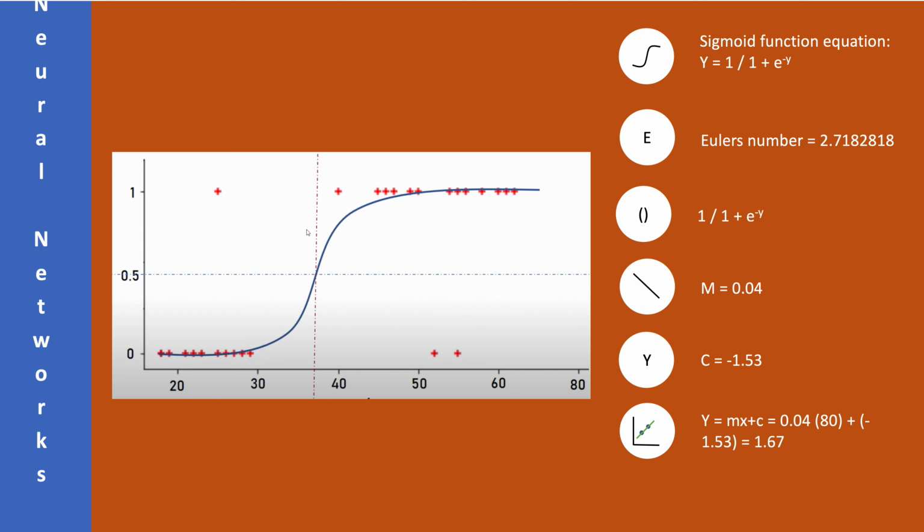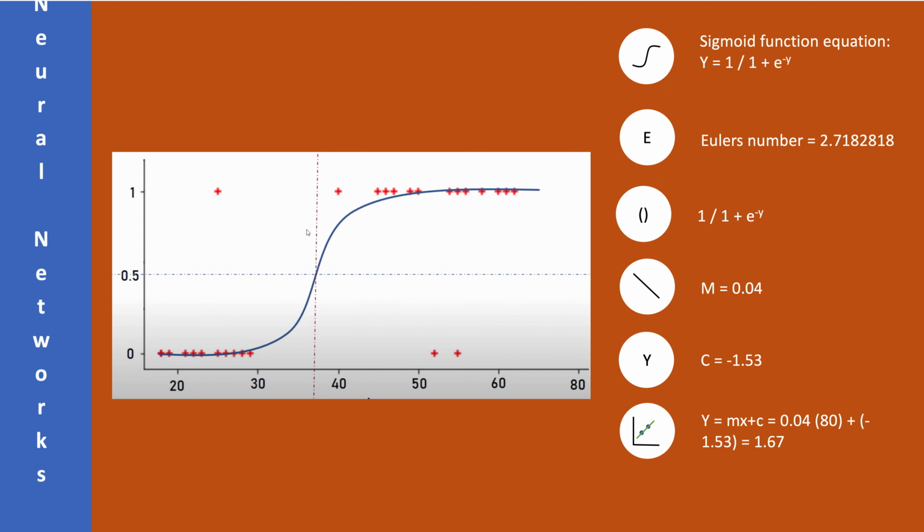It will say, okay, 0.04, which is our m, into x, which is 80, plus c, which is minus 1.53, and we'll get the value 1.67. So this is above 1. It is simply saying the possibility of someone buying this insurance is much more than 1. This is the problem which makes the line try to lower and adjust itself.